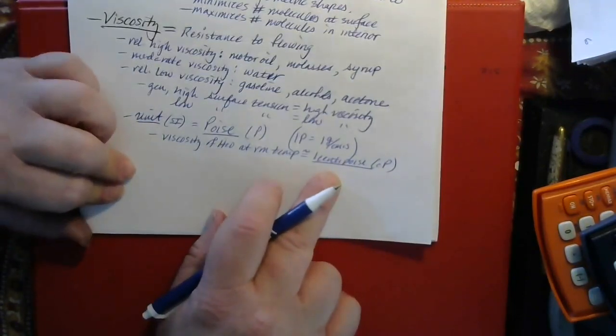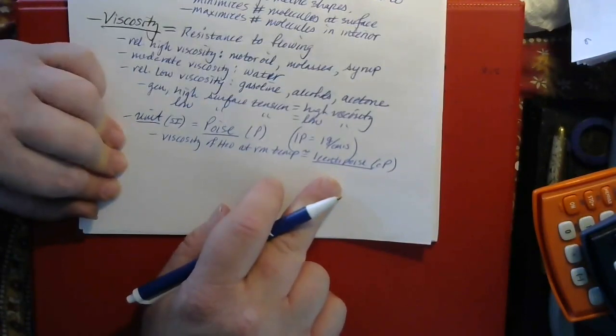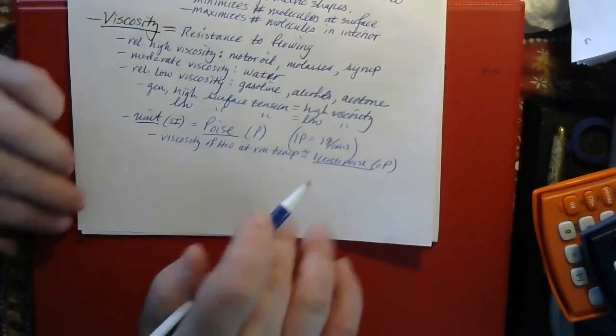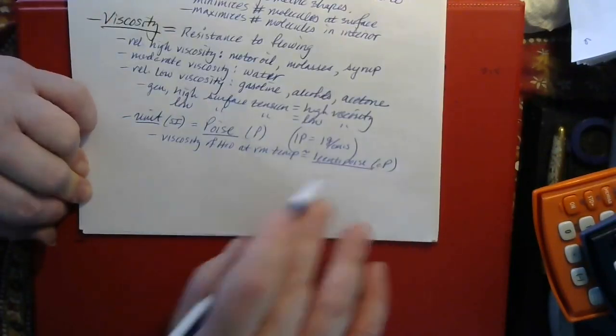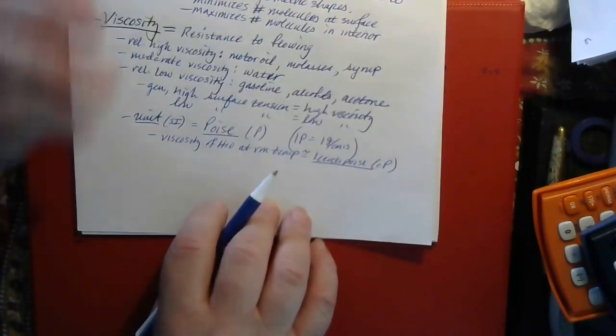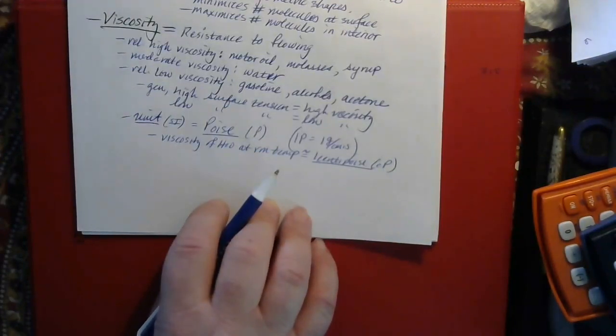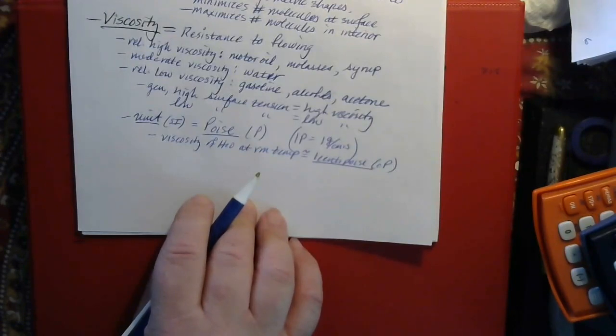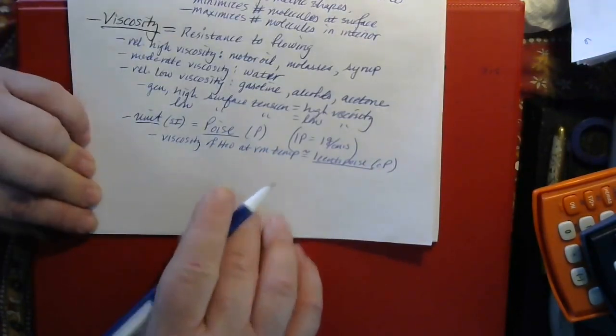So 1 centipoise would be 1/100th of a poise. And other substances like motor oil would have higher numbers associated with their viscosity. And other substances like, say, alcohol would have lower values associated with their viscosity.